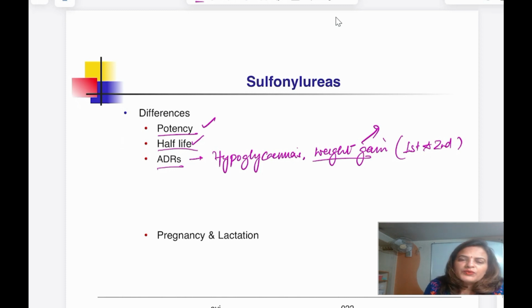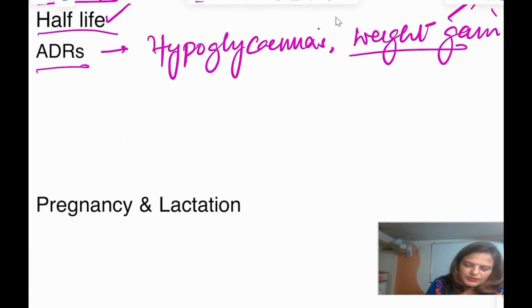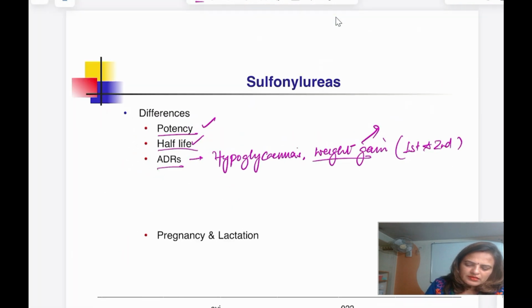Now the adverse effects with the first generation, like tolbutamide, show a slight variation.